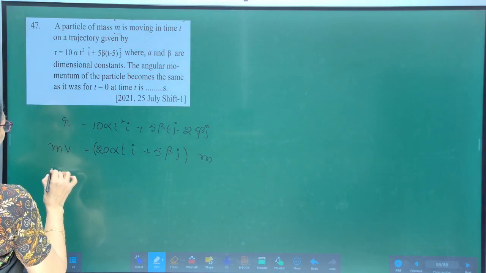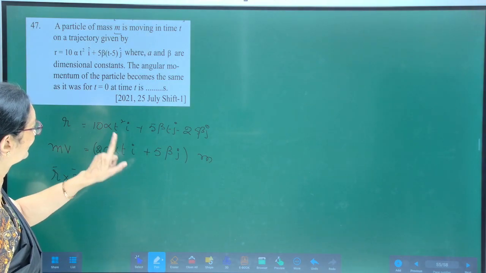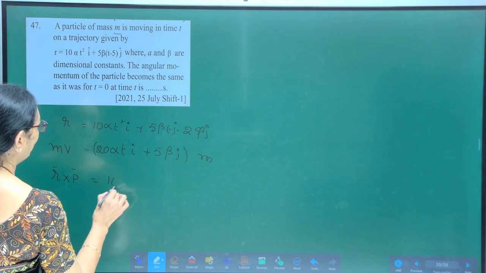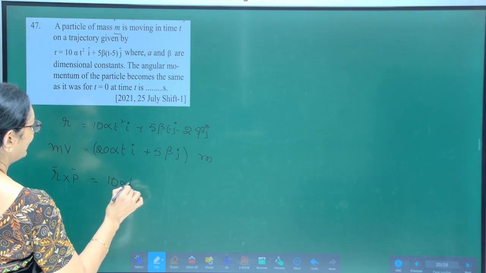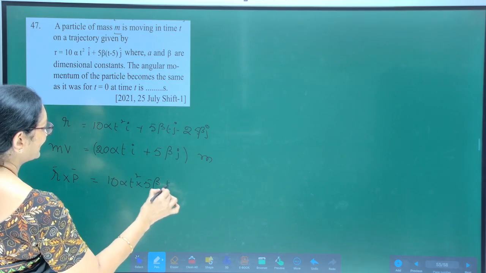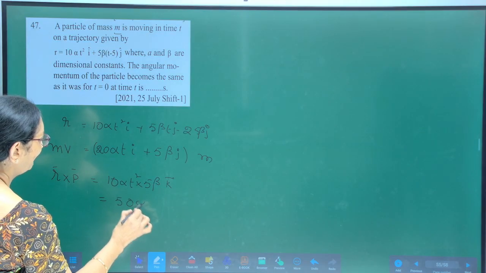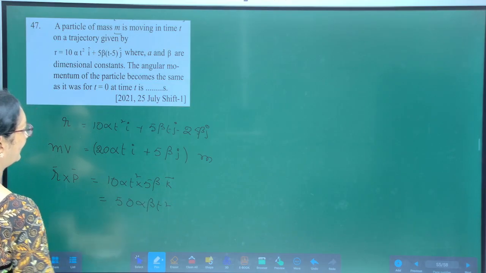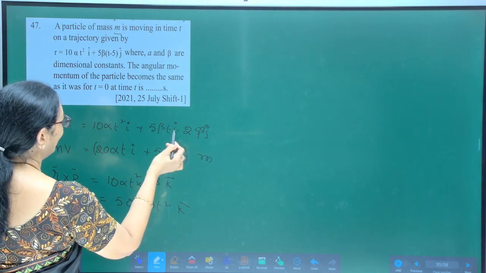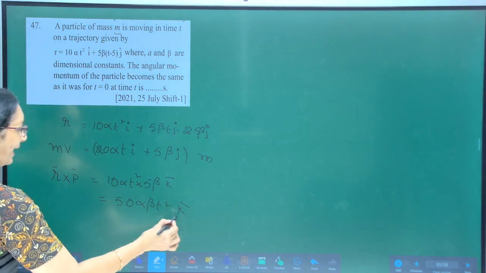Now, r bar cross p bar is equal to, look here, i cross i is 0, i cross j is k. So, 10 alpha t square into 5 beta, i cross j is k bar, so this becomes 50 alpha beta t square k bar. Now, multiplying this, j cross i is minus k.